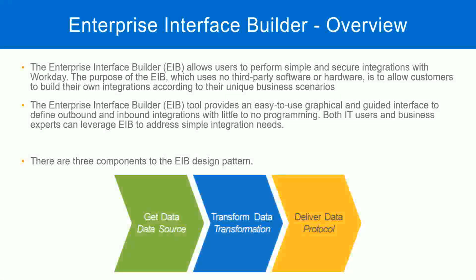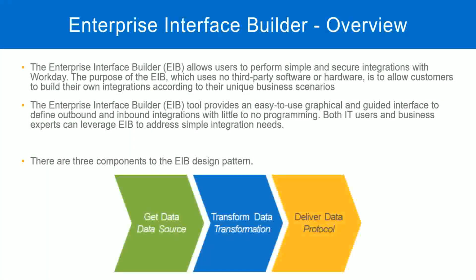Then the second step would be to modify the data, or translate the data, or transform the data into a format expected by the recipient. You have to convert it to a format expected by the recipient. That is transform data.